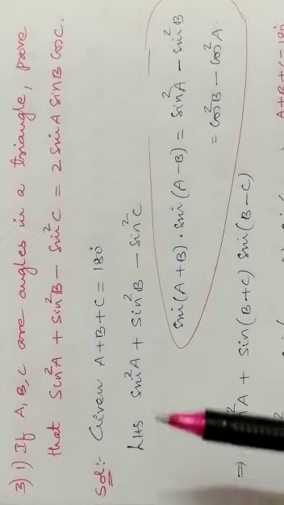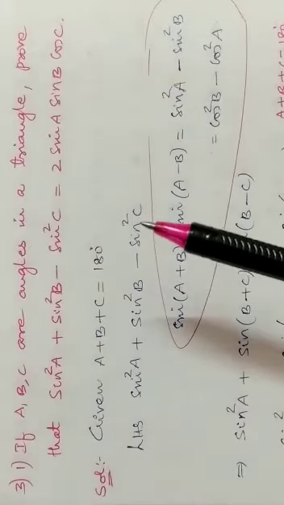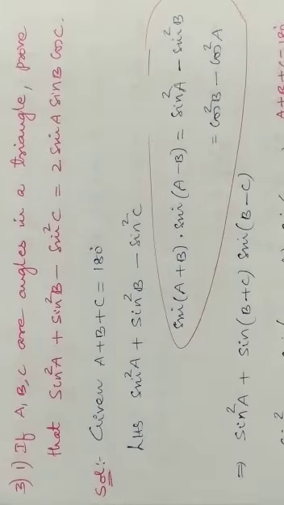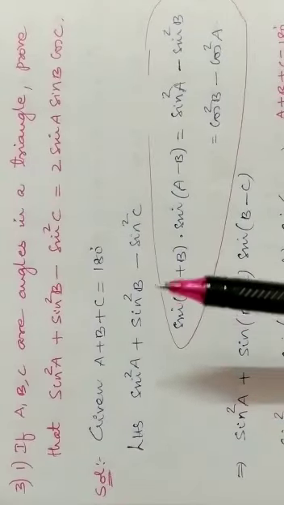So LHS is sin²A plus sin²B minus sin²C. In the list of the formulae, sort out the formulae which you are having squares.